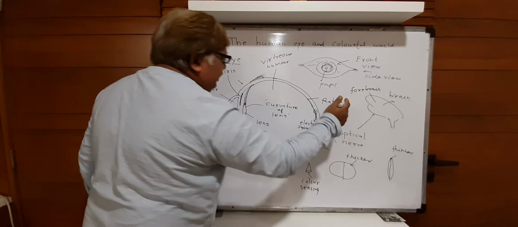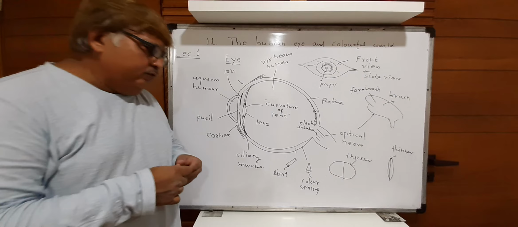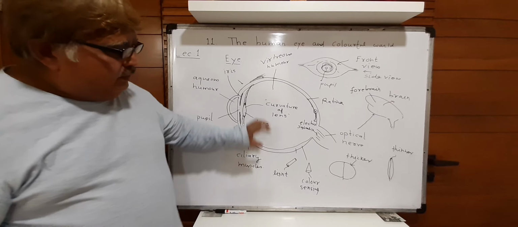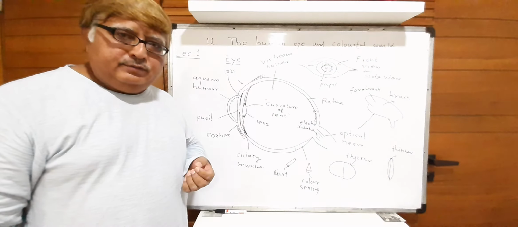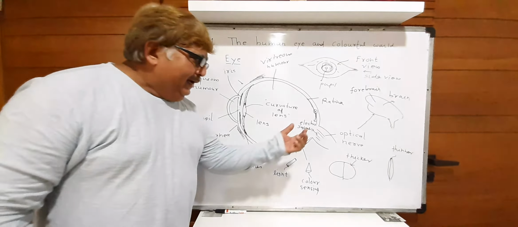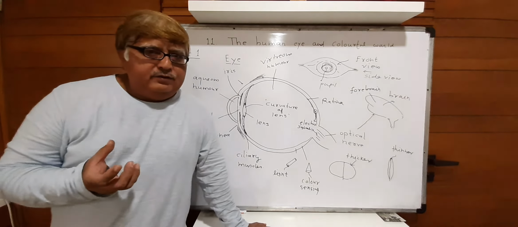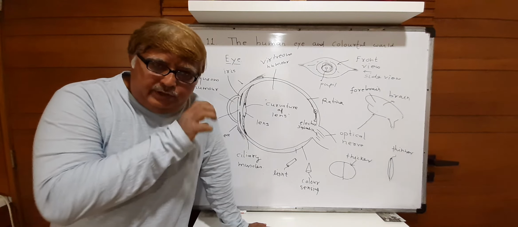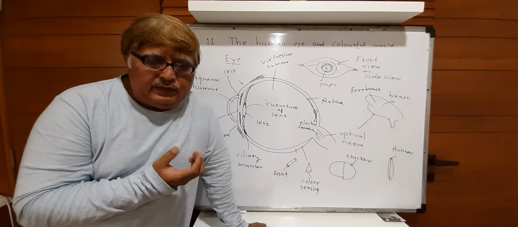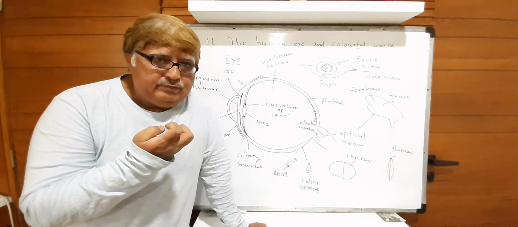That means the cerebrum, our forebrain. You understood this? The image falls on the retina, and the moment the image falls on the retina, the illumination of light takes place on that part of the retina, and it creates electric signals.